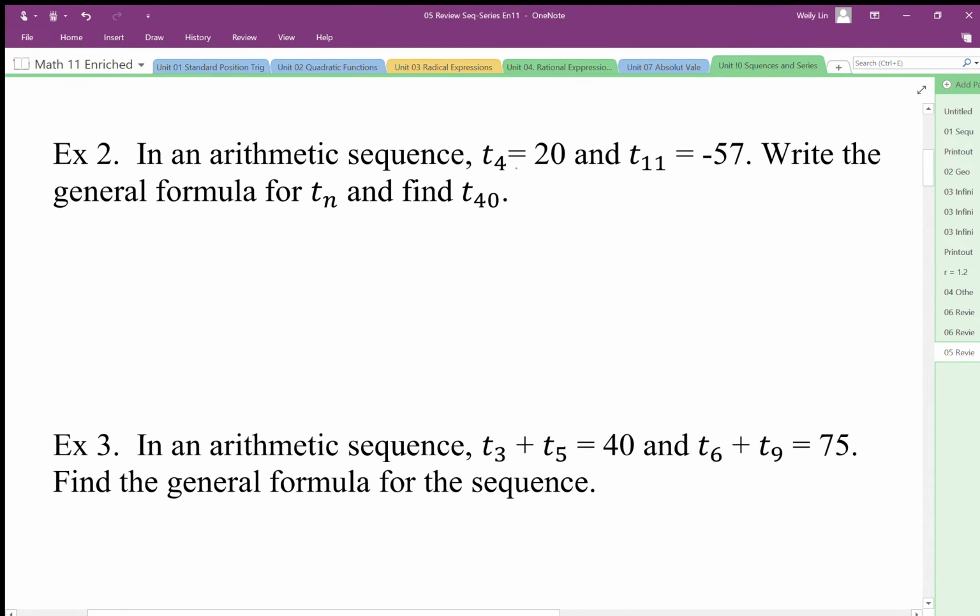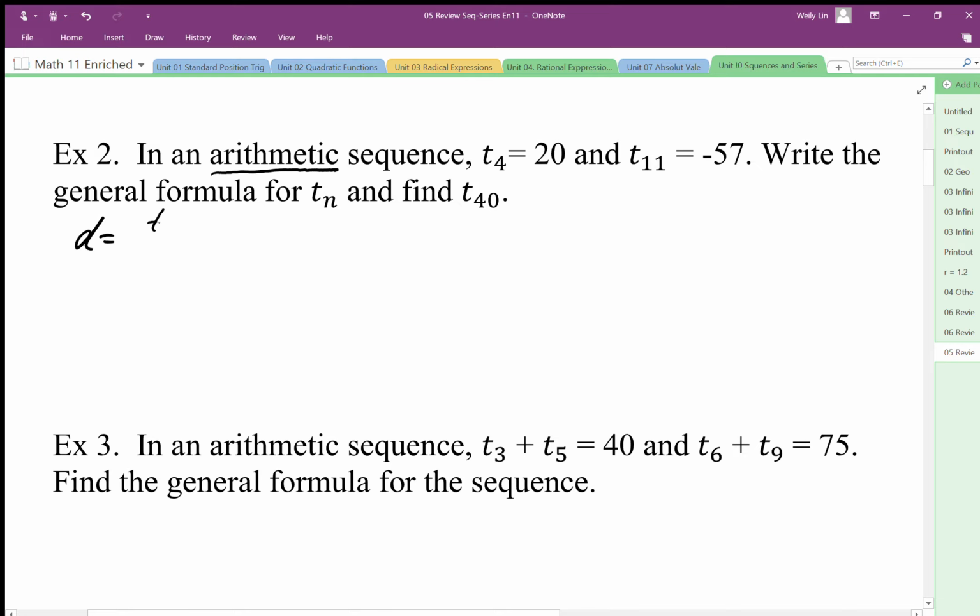So here we have an arithmetic sequence, and again, it's important to know it's arithmetic so we know the type of progression. If we know T4 and T11, we can figure out how we progress. We can find the common difference, which is essentially like slope.